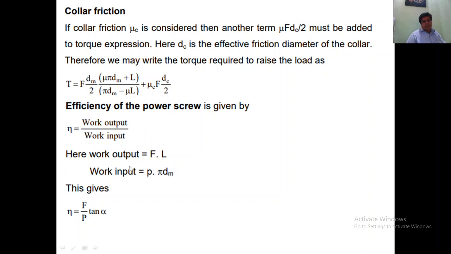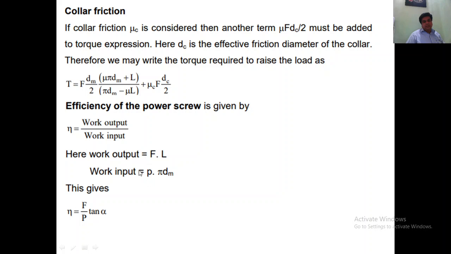So this applied force P, capital P here, into that length of the triangle after the development of that screw that is taken here.